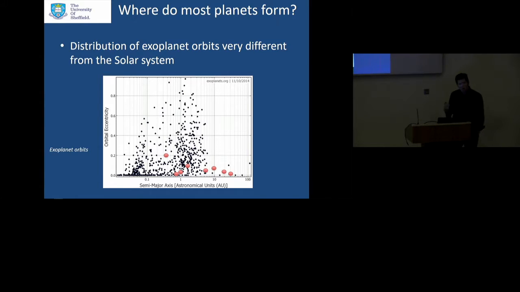Furthermore, there are a lot of planets that are very close in to their host star, so sub-Mercury orbits. What is strange about this observation is that a lot of these objects are Jupiter mass or more. Conventional planet formation theory tells us that you can't form Jupiter mass planets at such close distances to the star. So some mechanism has moved them closer to the star.